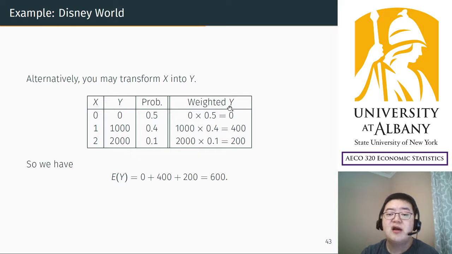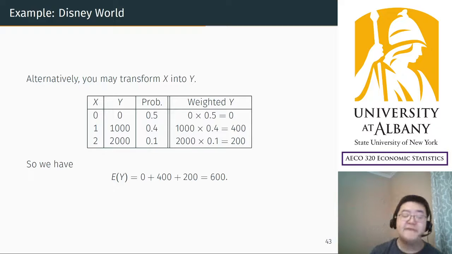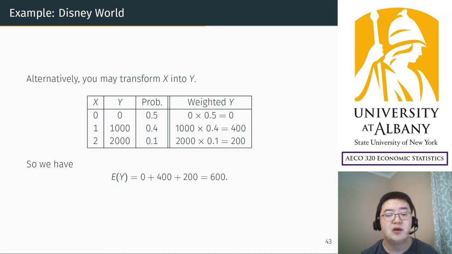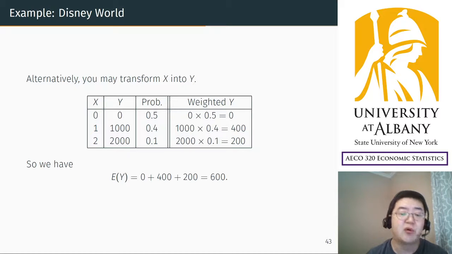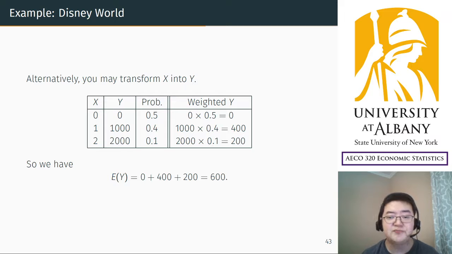And then calculate the weighted outcome for y. Now we are calculating expectation for y. So multiply y, outcome for y, and probability. So you get these three numbers. Then again, you have $600. That's simple. Of course, the result is the same as before, as they should be. So it would be nice if you can double check.